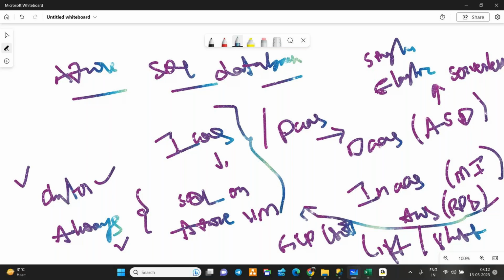Like, you can't take the backup of your on-premises and restore it in Azure SQL database, whether it is single, elastic pool, or serverless. We'll see one by one what major advantages and disadvantages you will notice with Azure SQL database. You can call it a database as a service. Make sense, everyone?